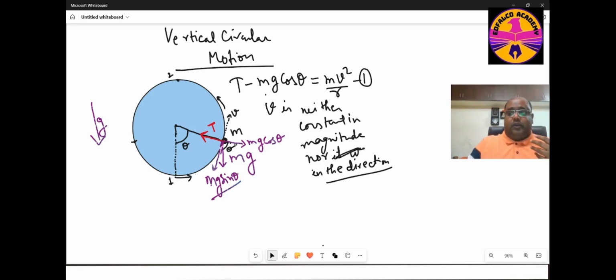Although the direction of the velocity was changing, therefore the value of the p vector, which is the momentum vector, was also changing. But now, in this particular case, there is change of both, the direction as well as the magnitude.